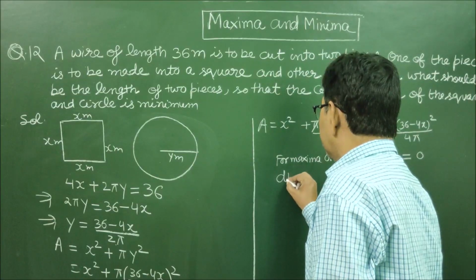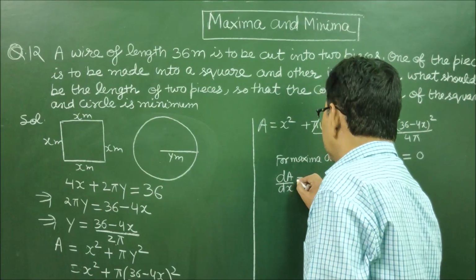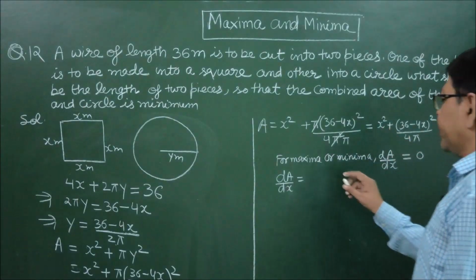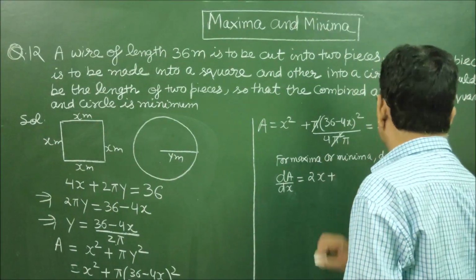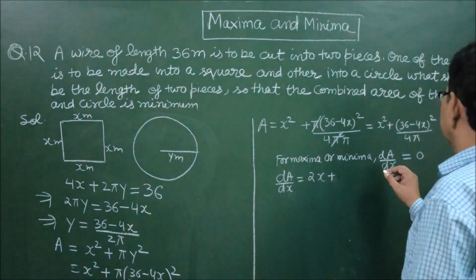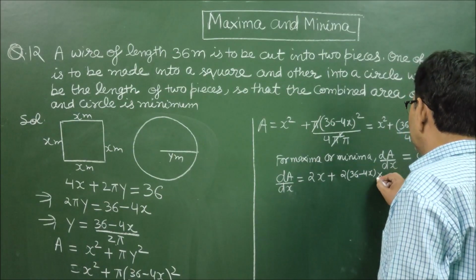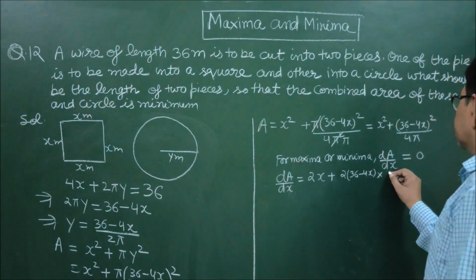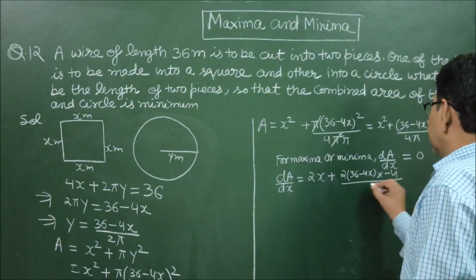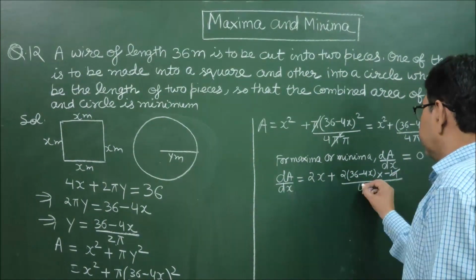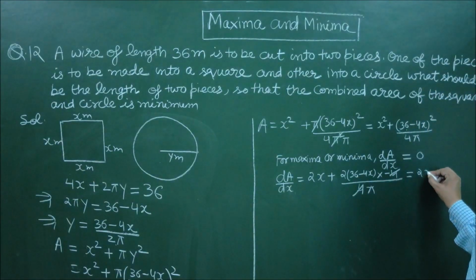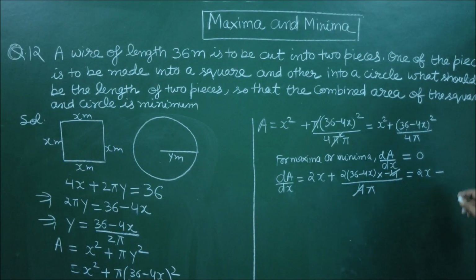So dA upon dx is equal to the differentiation of x square, which is 2x, plus the differentiation of 36 minus 4x whole square, which is 2 into 36 minus 4x into the differentiation of 36 minus 4x, which is minus 4, upon 4 pi. This 4 and 4 get cancelled, so this is equal to 2x minus 2 into 36 minus 4x upon pi.